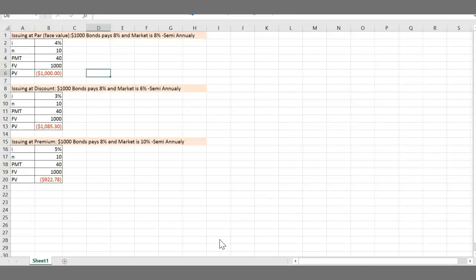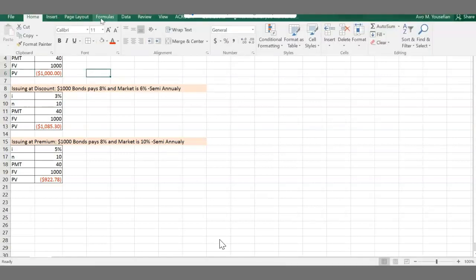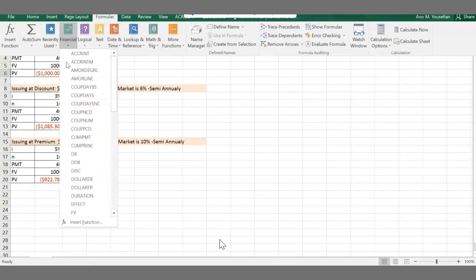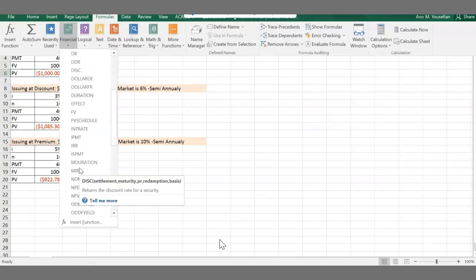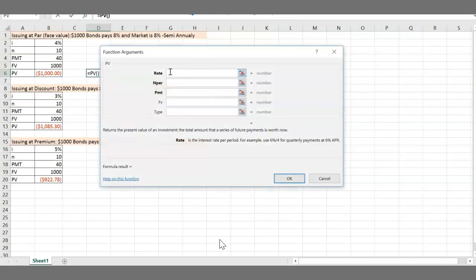So here we go. You go to formulas, you go to financials, and then you go to PV, present value. Okay, the rate is that box. Period is N, 10. Payment is 40. And future value is 1,000.